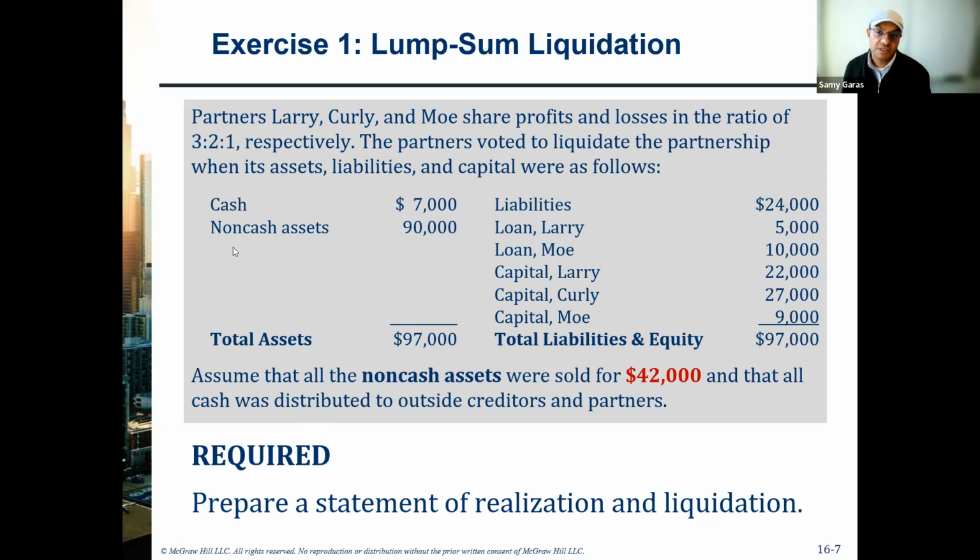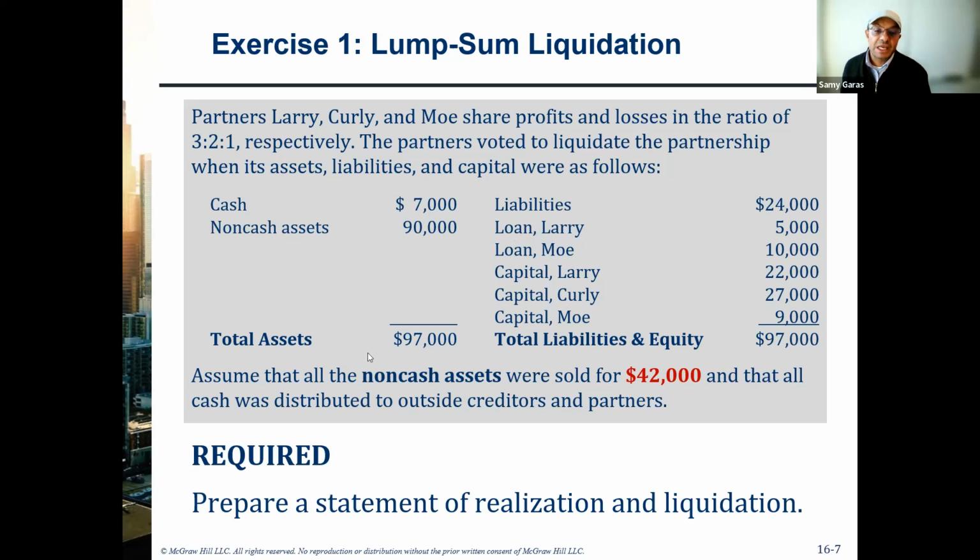It's not current and fixed anymore. And then we have the liabilities, like accounts payable or notes payable. But the company already took a loan from Larry and Mo. And then we have their capital here.